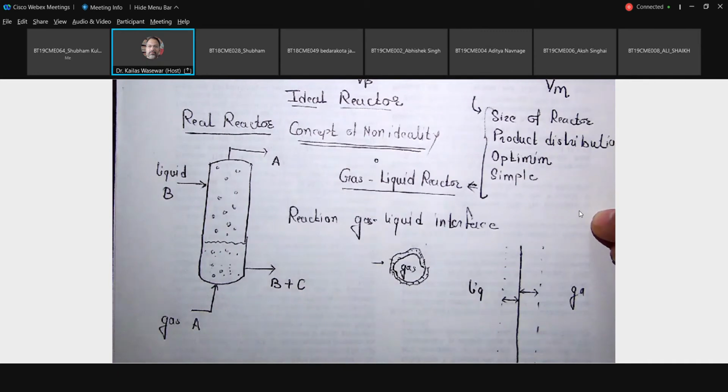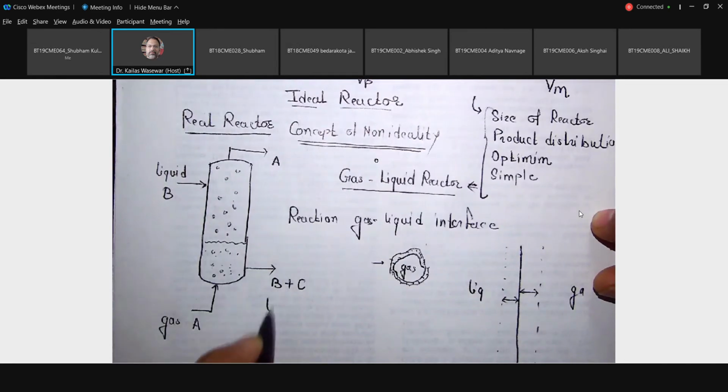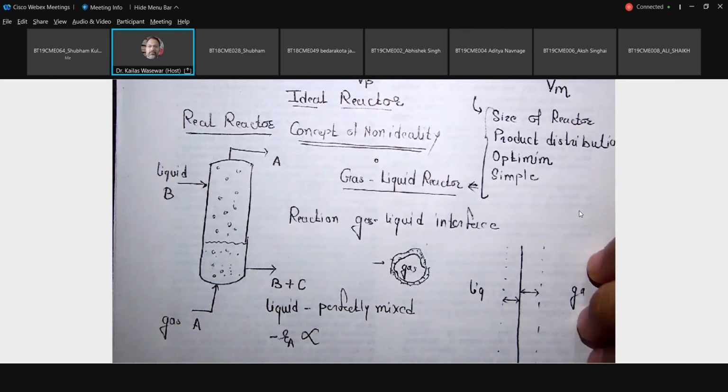Here the liquid is continuous, and we can see that it is perfectly mixed. And here the reaction rate, RA, we can write, is directly proportional to what? The reaction rate is directly proportional to the total bubble surface area, because this reaction is carried out at the interface surface.